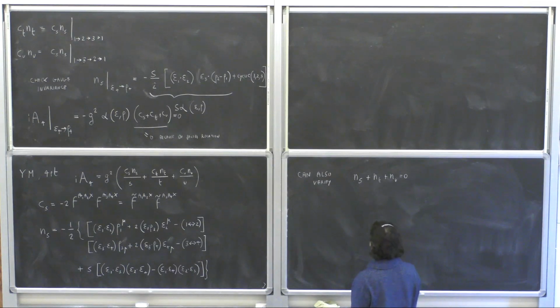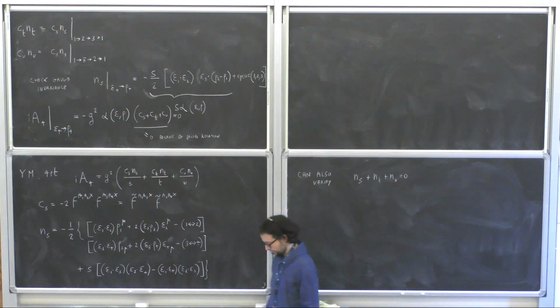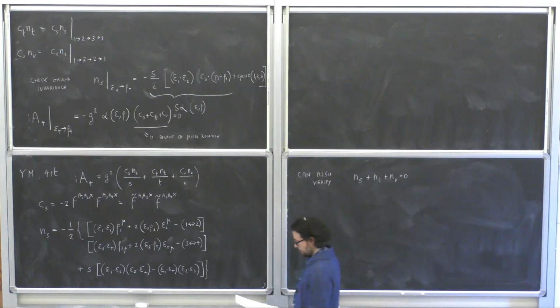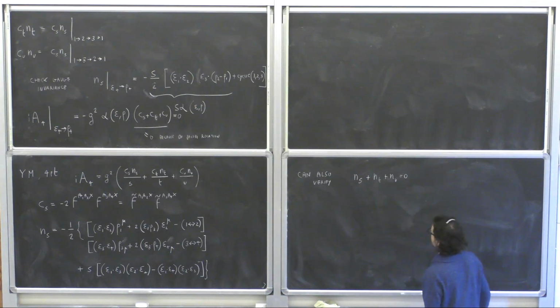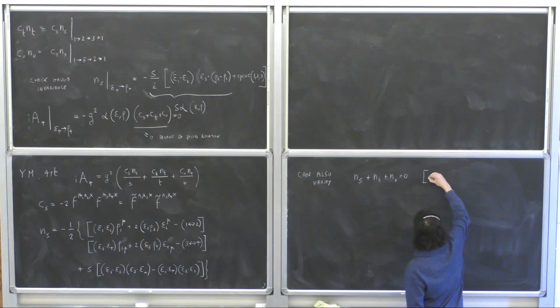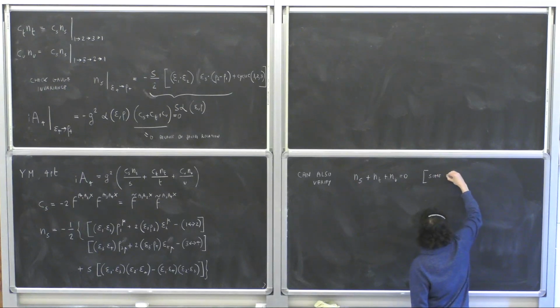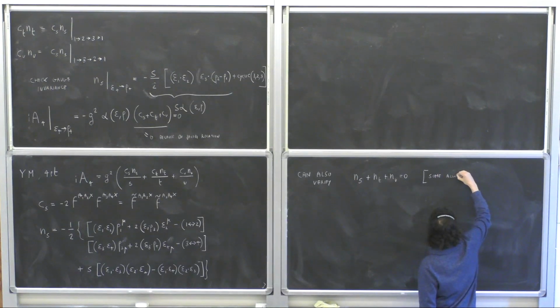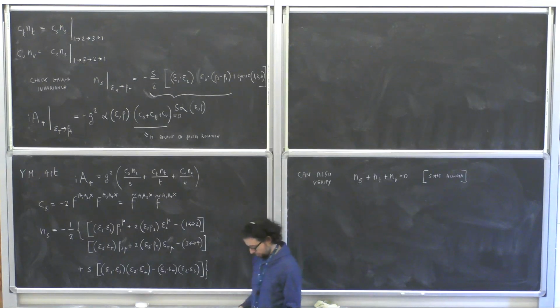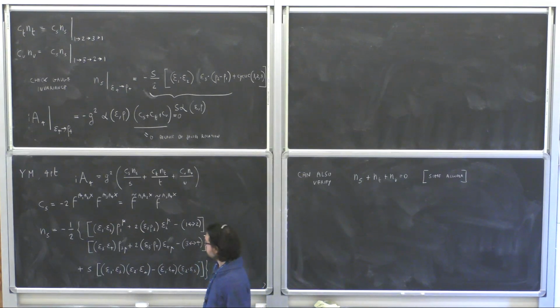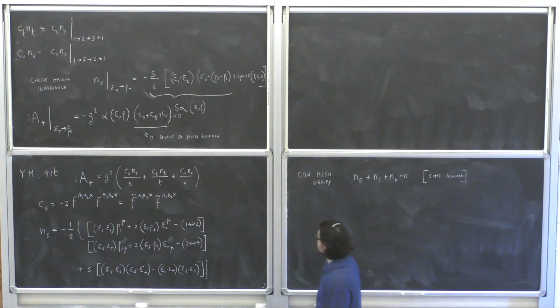They have the same algebraic property as the color factors. Let me just mention it. It takes a bit of algebra to verify this. So this property is a first manifestation of what we call color kinematics duality.